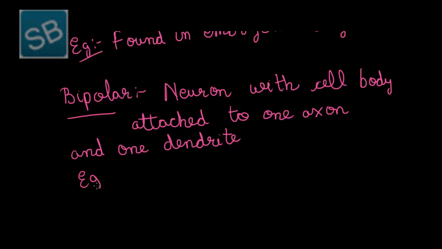Such a type of neuron is generally found in the retina of the eye.